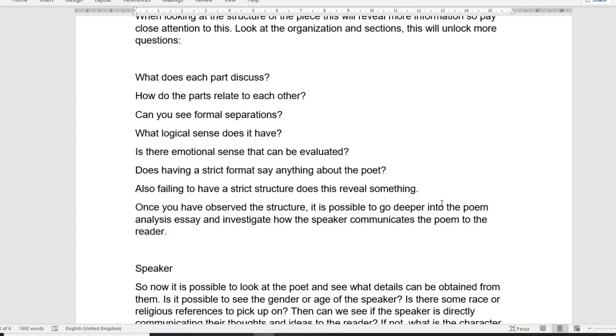Once you have observed the structure, it is possible to go deeper into the poem analysis essay and investigate how the speaker communicates the poem to the reader. One very interesting way that some poets choose to write a poem is in the form of a picture. There was this one poem about coffee, and the poem was written in such a way that it formed around a coffee cup.